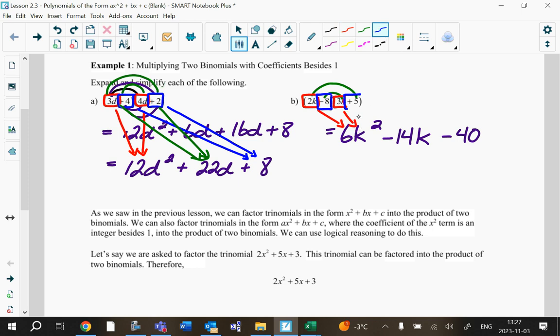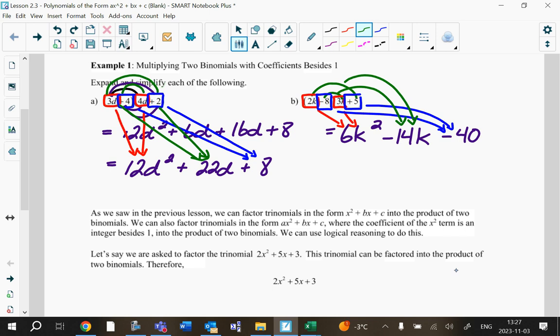When we multiply these two, it gives us the last term of the answer. The two green ones, the outside, looks kind of like a rainbow. When we multiply those two and put them together, we get the middle. Factoring is all about working backwards. So if I start here, I can use all this information to help me figure out what the factors are.